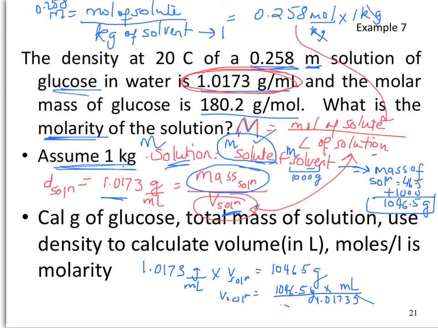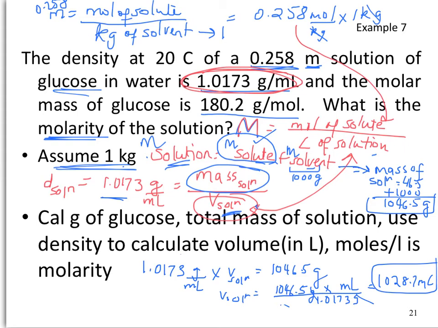And on my calculator, I am punching in 1046.5, and I'm going to divide that number by 1.0173. Comes out to be 1028.7 milliliters.